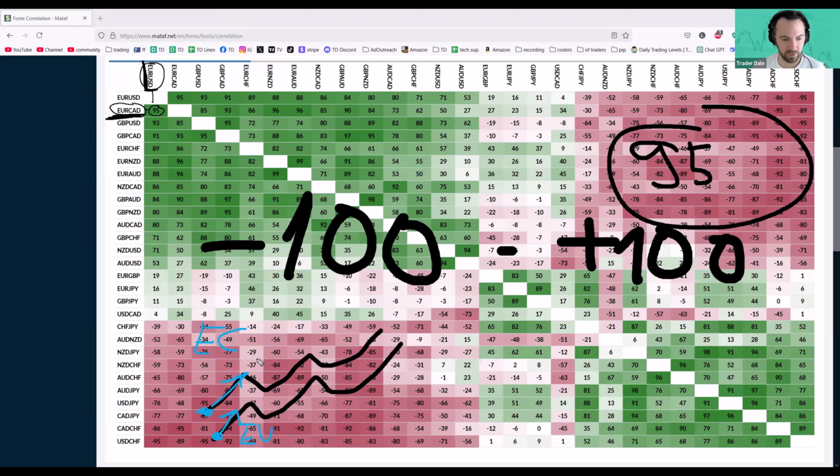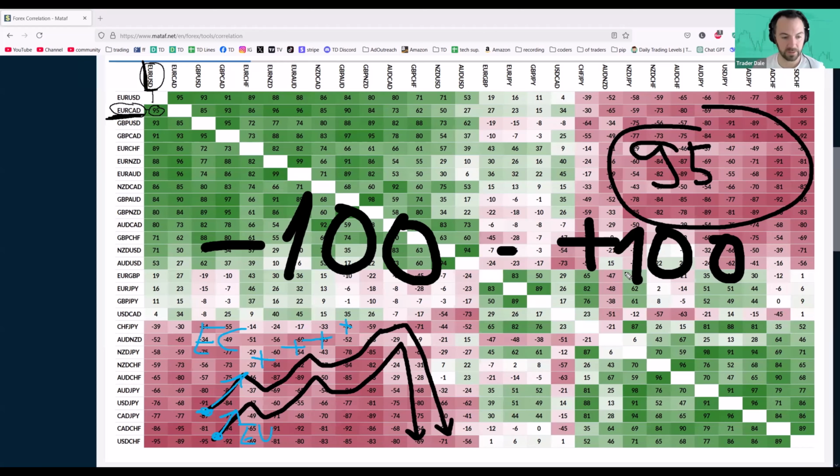In this case, both those positions would be winning, right? But you've exposed yourself to bigger risk, right? Because they correlate. And if one starts to go down, then the other will drop down as well, right?